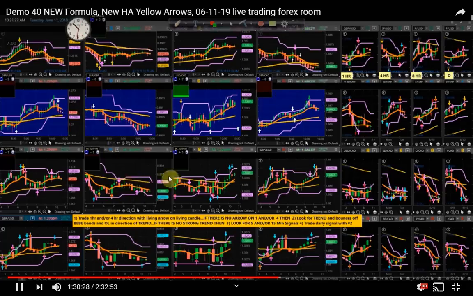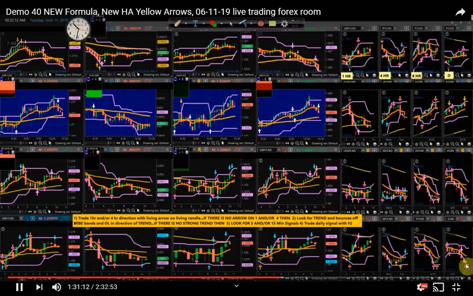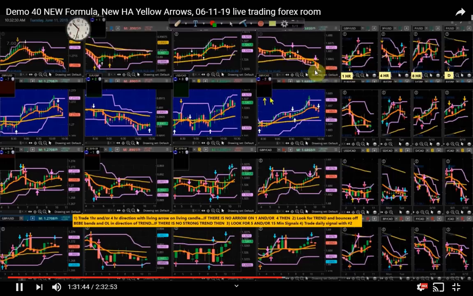Okay, as far as GCAD's concerned, I would be looking at this now. You're right on the 15-minute orange line, so I would be thinking that this daily could kick in again now. Just wait out this, look for something here. I'm going to leave it as well. We'll watch it running at 7.